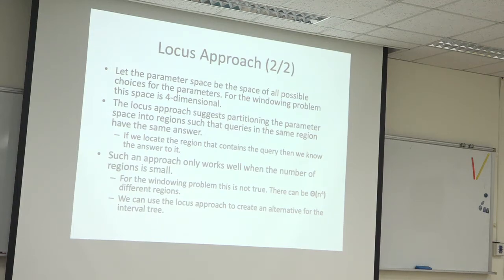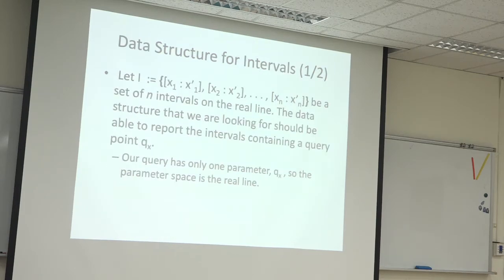So instead, we can use the locus approach to create an alternative, the interval tree. So we have a new thing called the interval tree. Before we consider the original problem, let's again try to simplify our discussion.